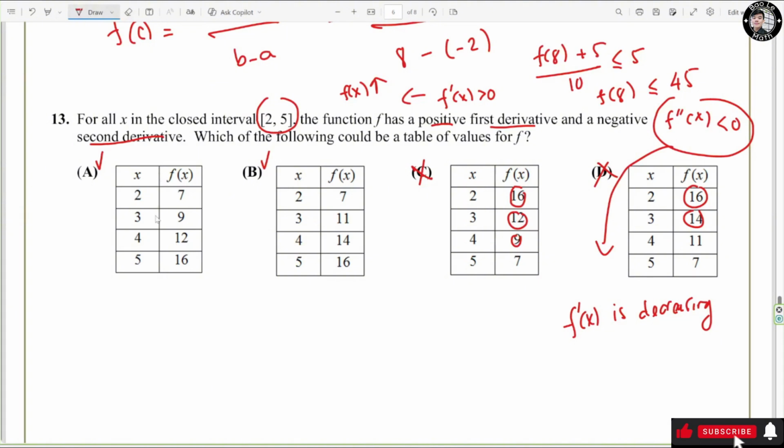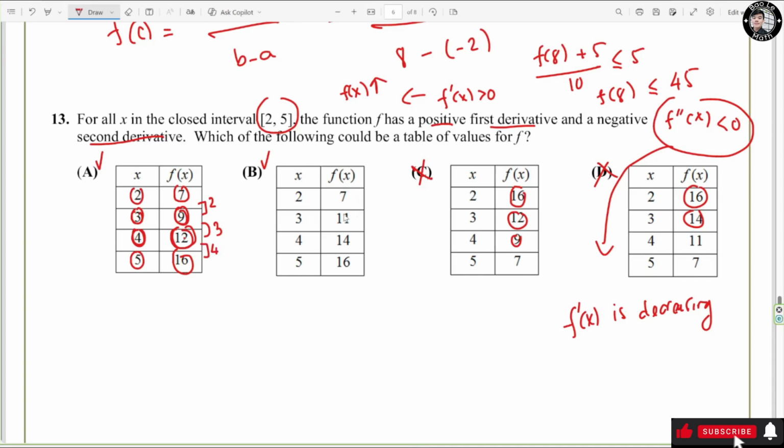Now we need to find the average rate of change for this one right here. 9 minus 7 divided by 3 minus 2 is going to be 2. 12 minus 9 divided by 4 minus 3 is going to be 3. 16 minus 12 divided by 5 minus 4 is going to be 4.